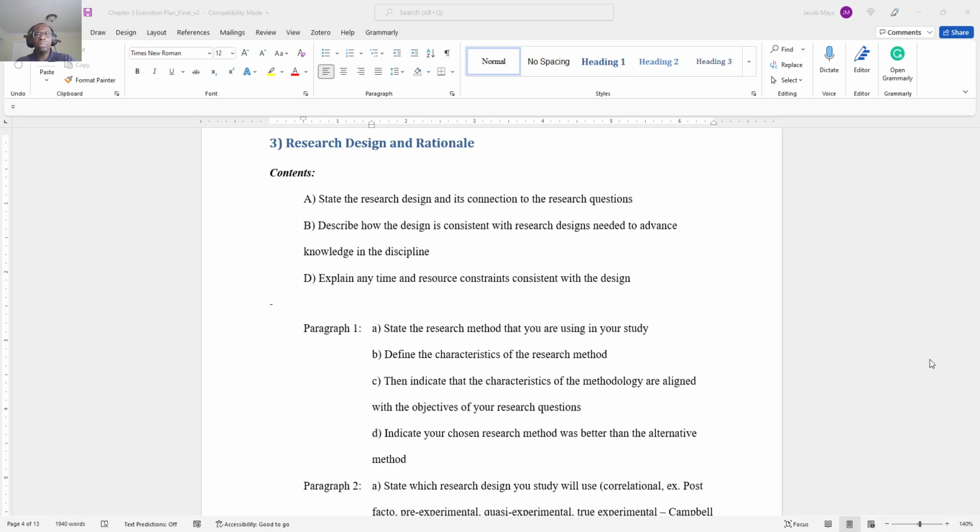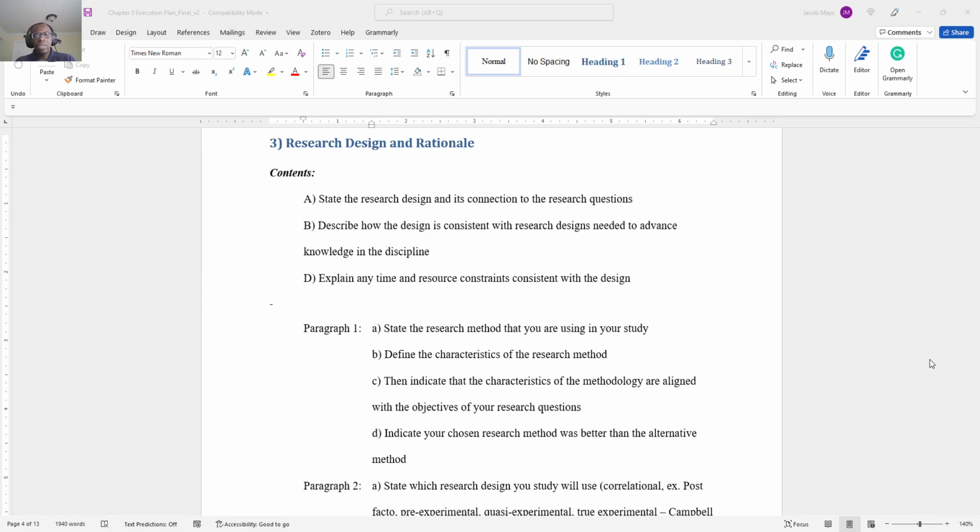Well, your study uses surveys that use numbers to measure a particular characteristic that you're observing. So that means that there is an alignment between your study and the method. That's what you're going to talk about, okay? And you're going to keep doing that for all of the characteristics associated with that research method.